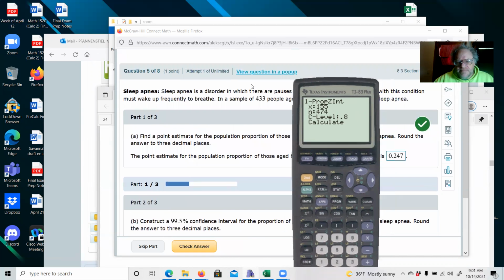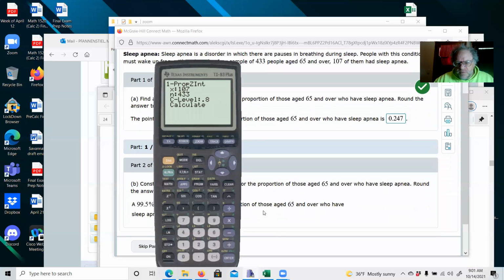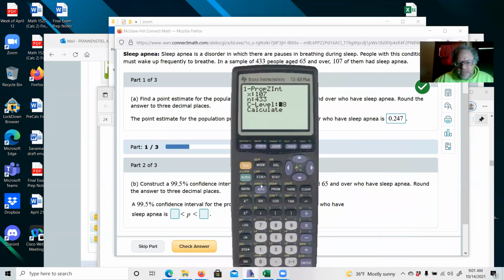We have 107. We had 433 people. What kind of confidence interval do we want? That's 99.5, so 0.995. Calculate, enter.